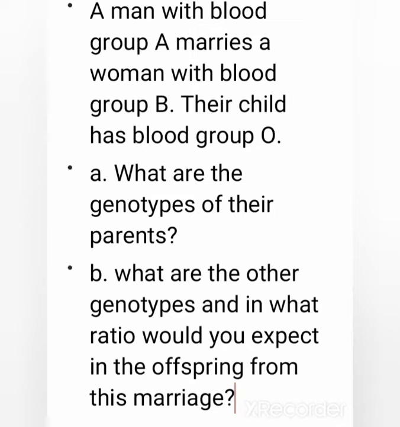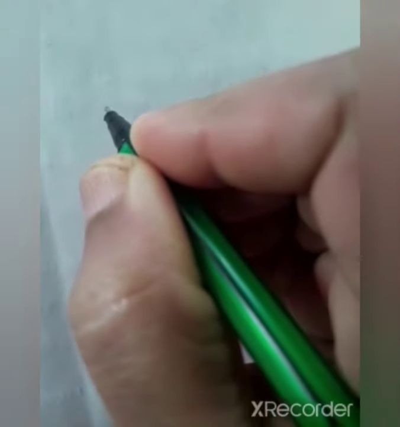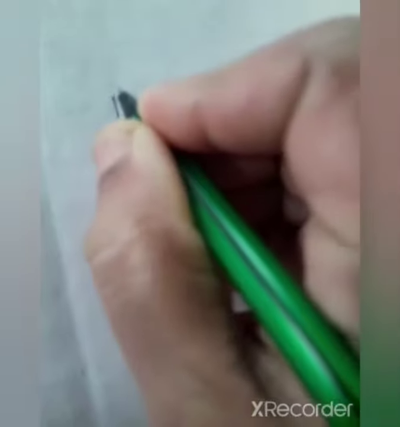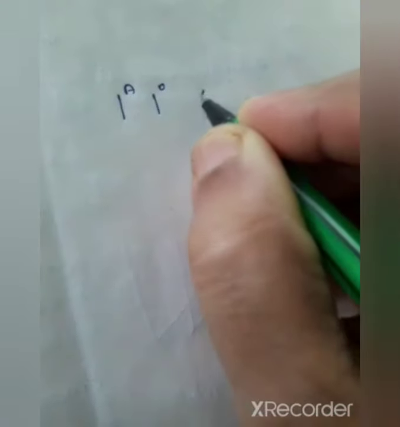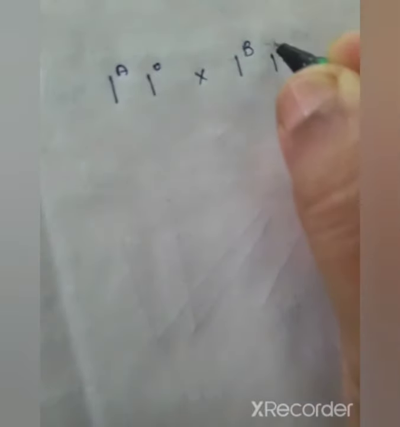The same type of question we did just before. You try to write its answer. We know the genotypes of the parents: IA, IO and IB, IO.